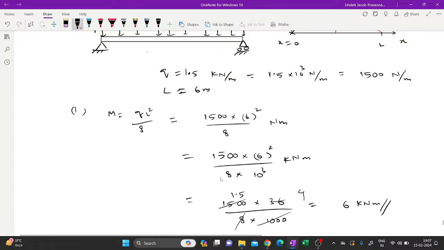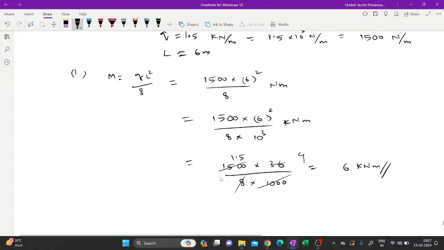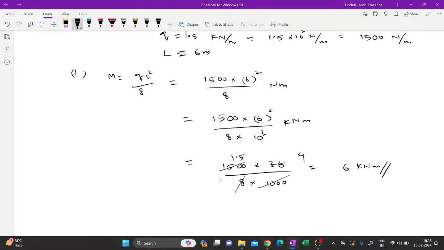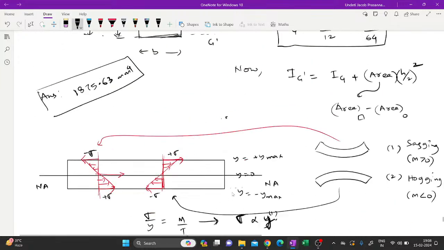Q 1500, L square by 8 by 1000, 1.5 into 36, 15 fours are 60, so 6 kilonewton meter. I'm getting 6 and here it should be 6.75. Is QL square by 8 the formula correct?